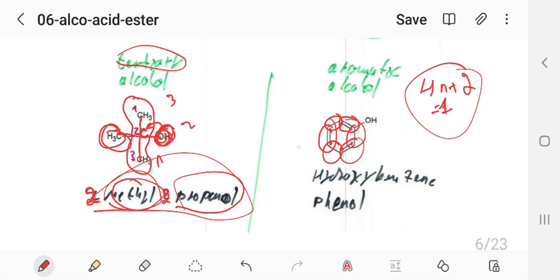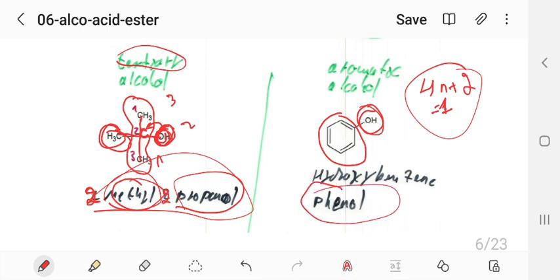Here in this case we have an aromatic alcohol because it has the hydroxy group, and normally it's a benzene ring, so we can either call it hydroxybenzene because it's a benzene which has a hydroxy group, or the common name is phenol.